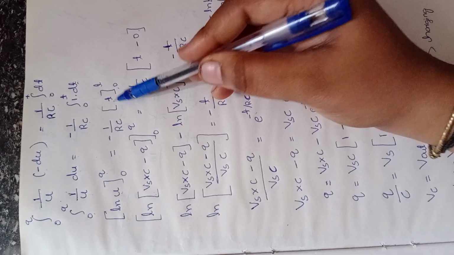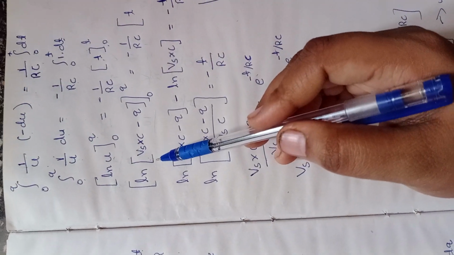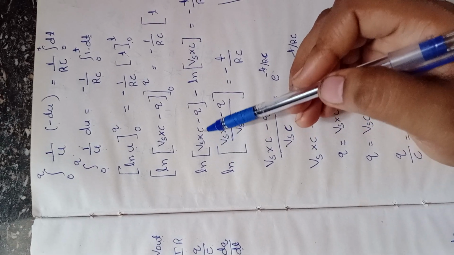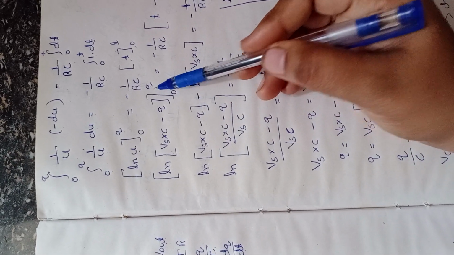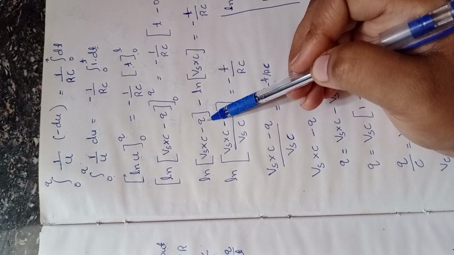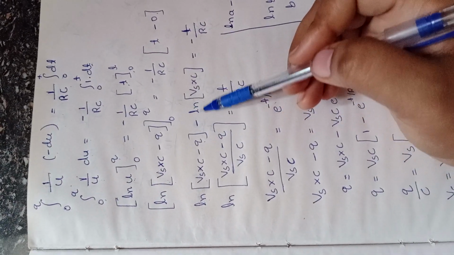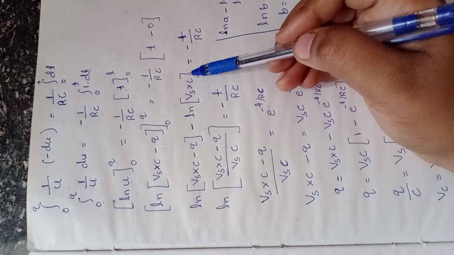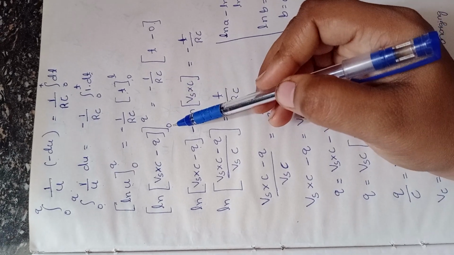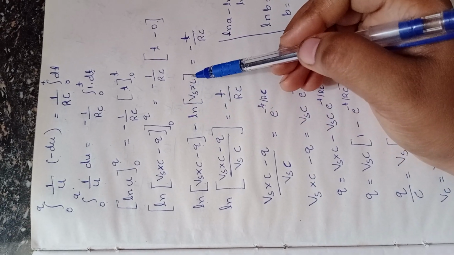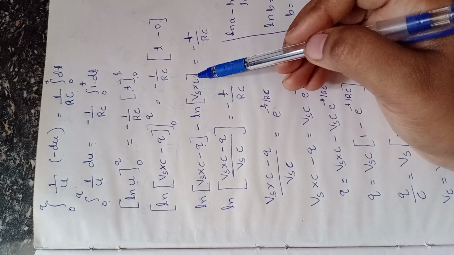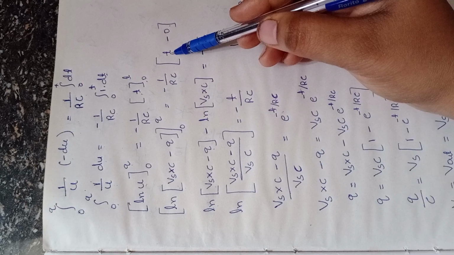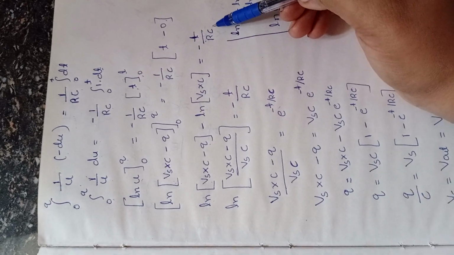Here we get ln of Vs into C minus Q, where the upper limit is Q, I am replacing the Q value by Q, minus ln of Vs into C, since the lower value of Q is 0, I already removed that. That is equal to minus t divided by RC.